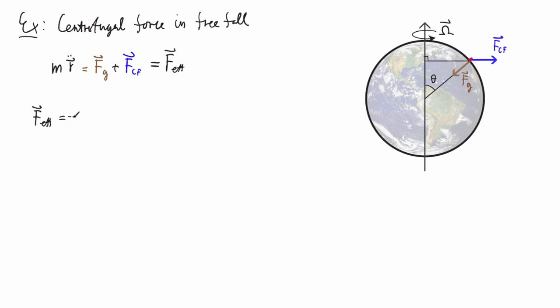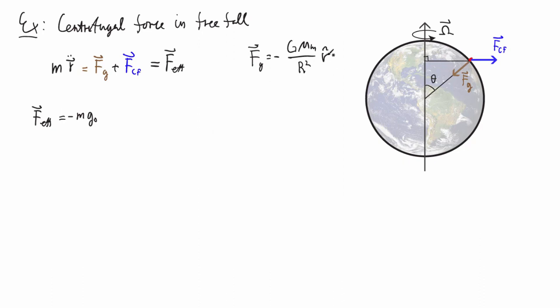it's going to be, first of all, we have F_g. That's mg naught. That's what I'm going to call the magnitude of the gravitational force. We have that F_g equals minus GMm over R squared, where R is the radius of the Earth, times r hat.